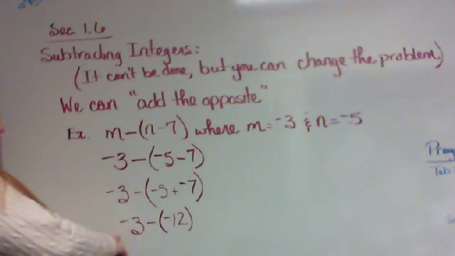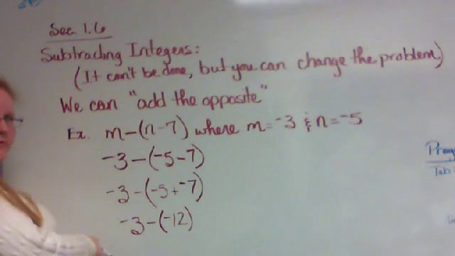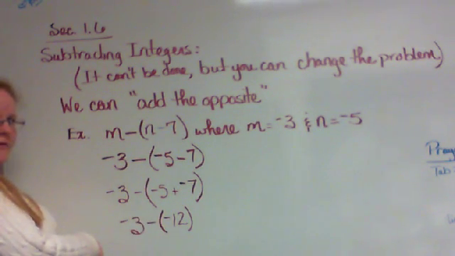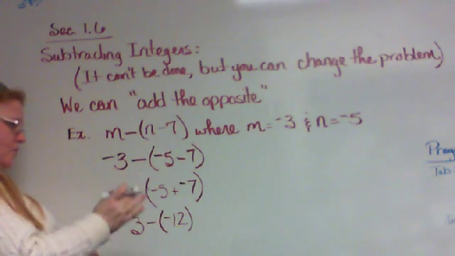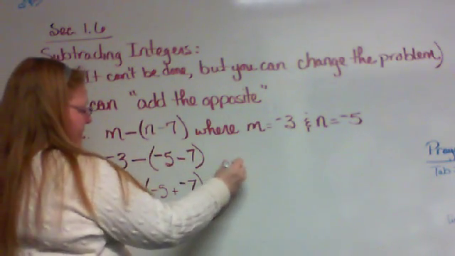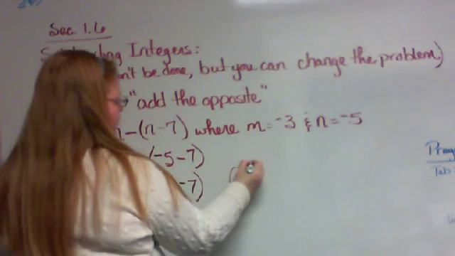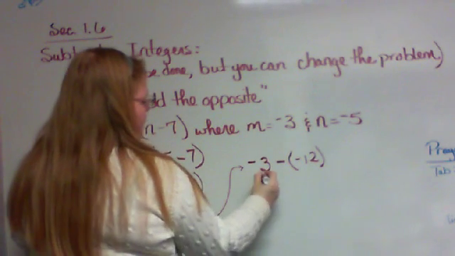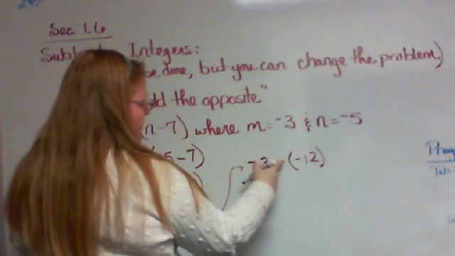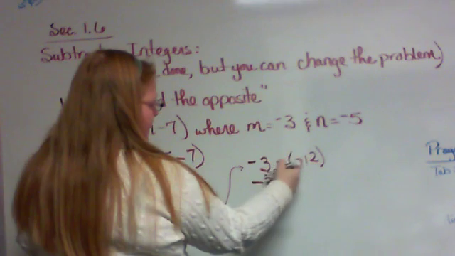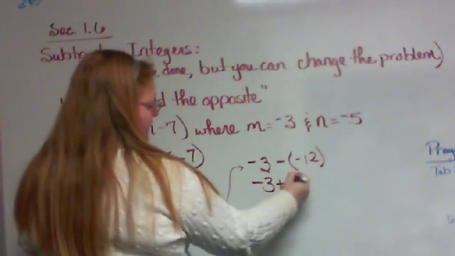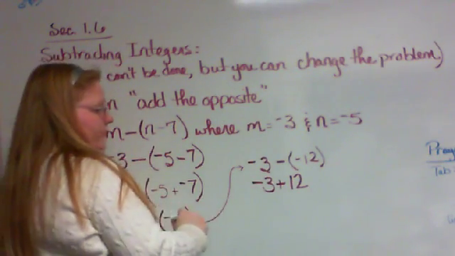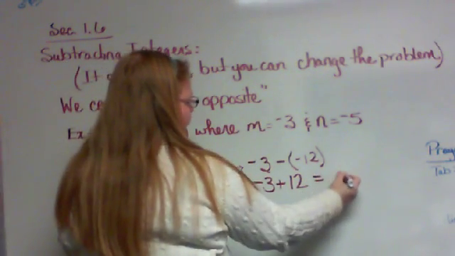So now I have -3 minus -12. Once again, we can't do the subtraction stuff, so I'm going to have to rework it. So that's going to become -3. Instead of a minus, I do plus the opposite of -12, which is plus 12. And different signs mean we subtract now, so that's going to give me a +9.